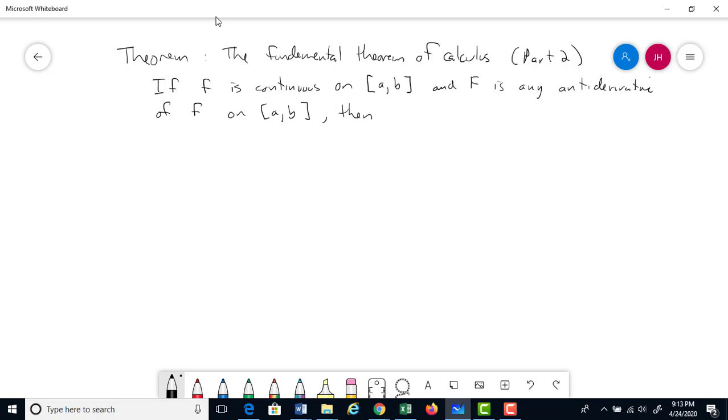Then the integral from a to b of f of x dx is equal to capital F of b minus capital F of a.